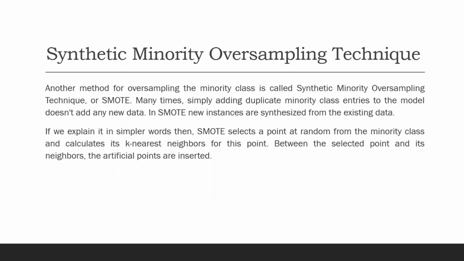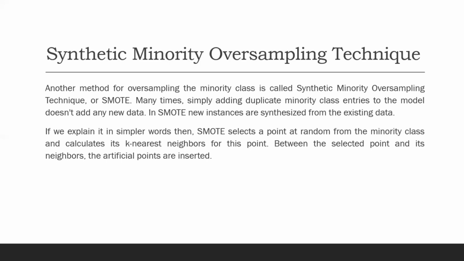So what is SMOTE? Synthetic Minority Oversampling Technique. Another method for oversampling the minority class is called the Synthetic Minority Oversampling Technique, or SMOTE. Many times, simply adding duplicate minority class entries to the model doesn't add any new data.